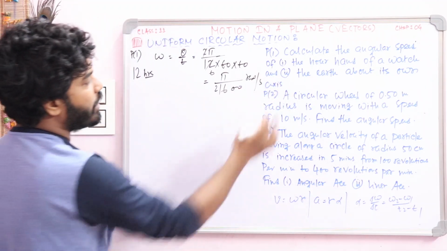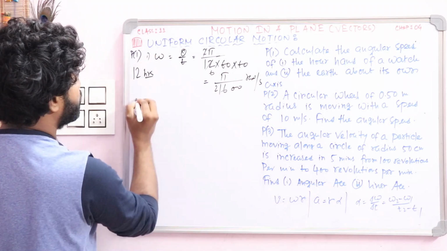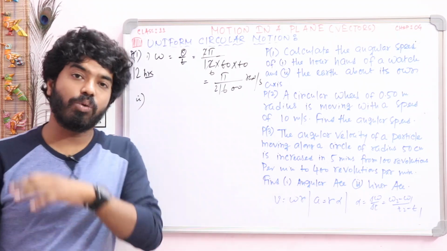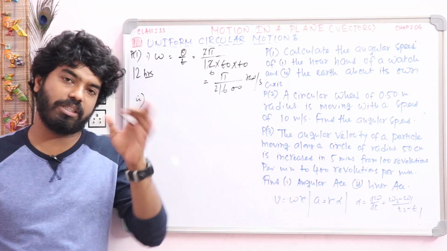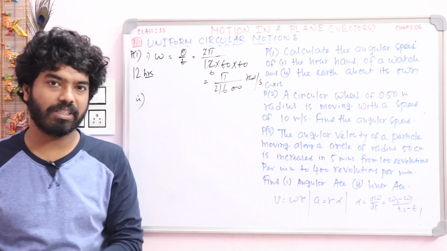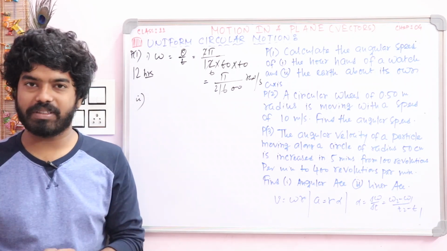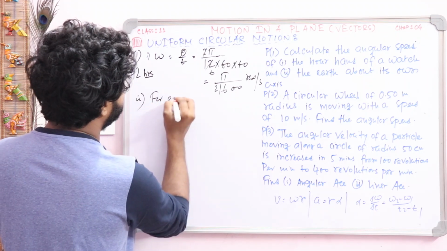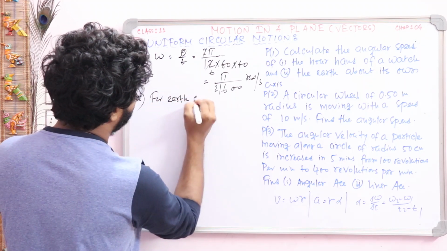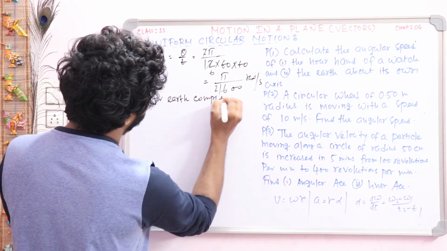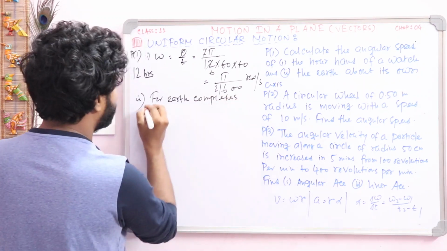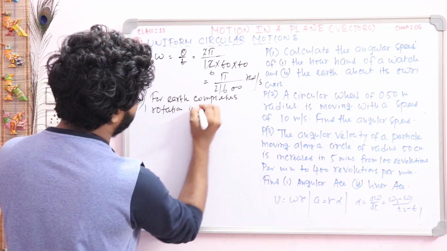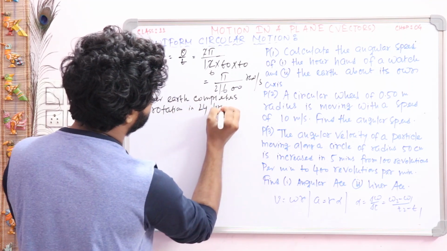Okay, in the same way, the second problem, that is the earth about its own axis. The earth completes one rotation in 24 hours.